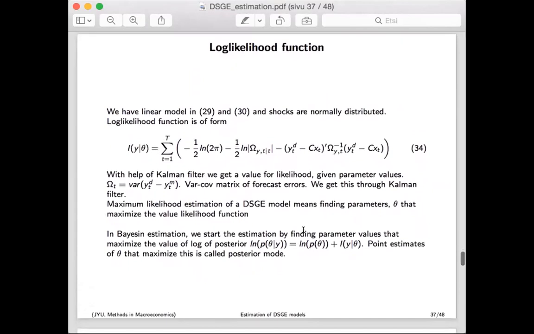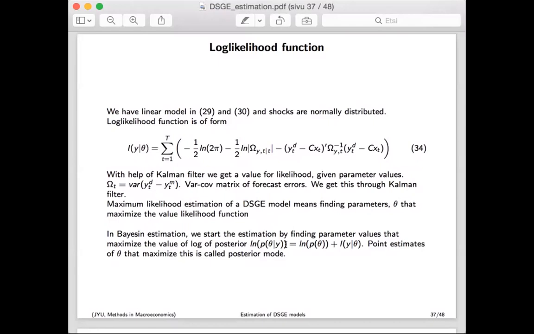And then when we have, for each parameter value, a log likelihood function, we can evaluate prior functions. Then we will get the posterior, which is our target, or what we are evaluating in this process.